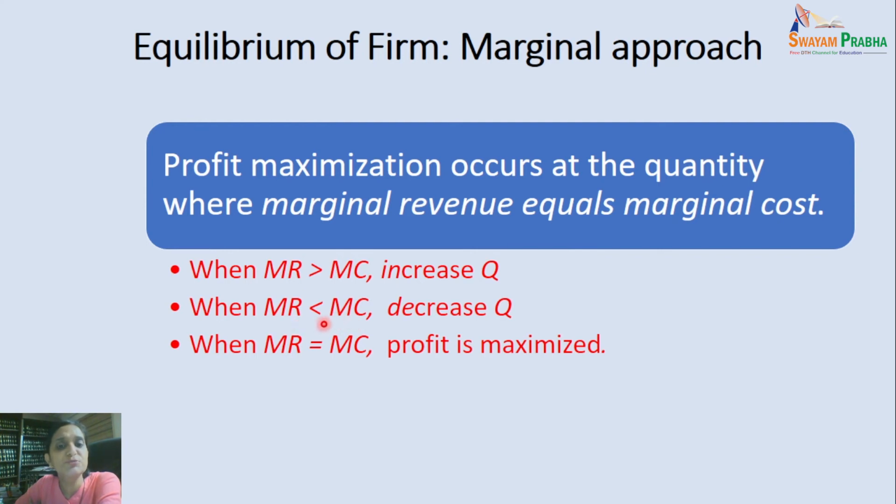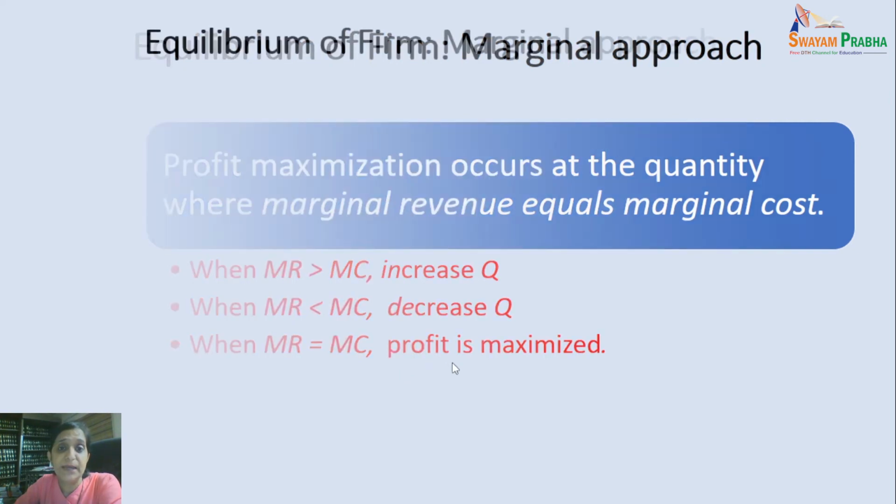No rational firm should do that. Therefore, in that situation, the firm should be decreasing the output it is producing. So, we are saying that the equilibrium is achieved when marginal revenue becomes equal to marginal cost, because that's where the profit is maximized.